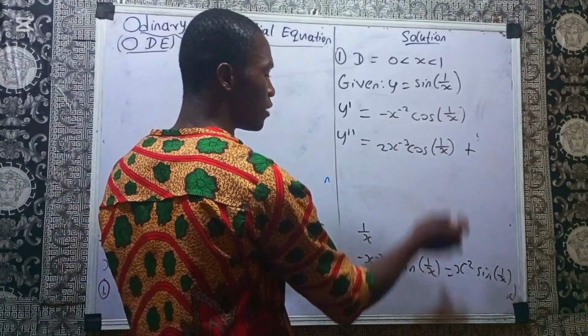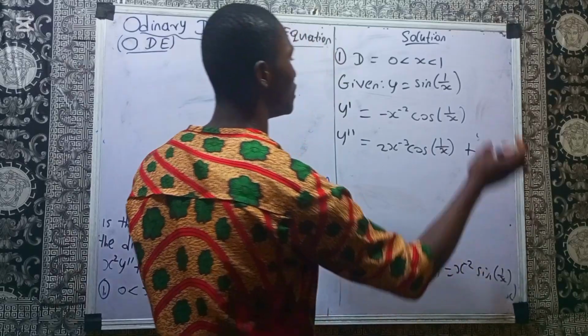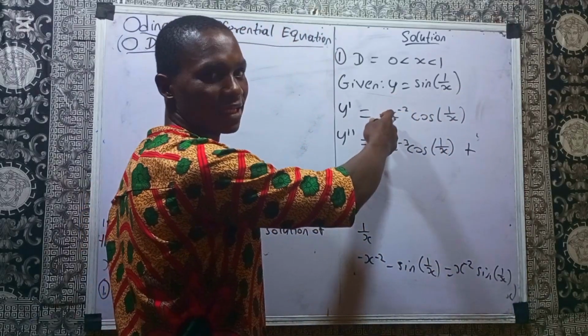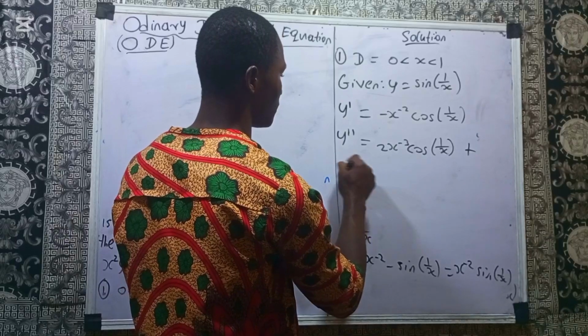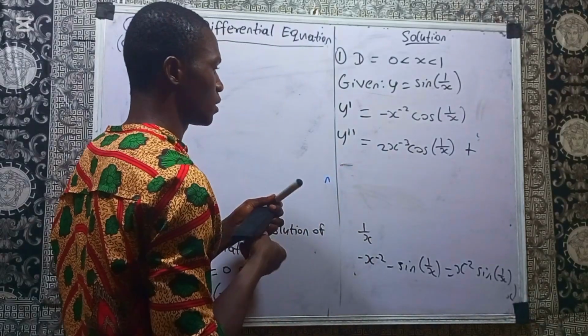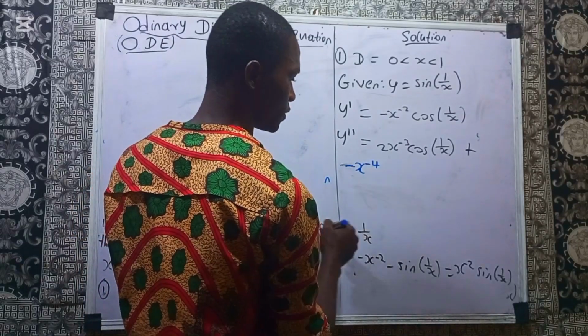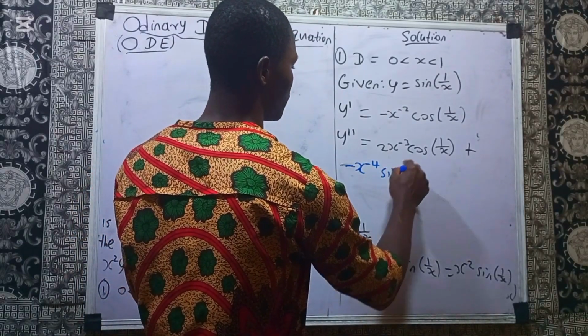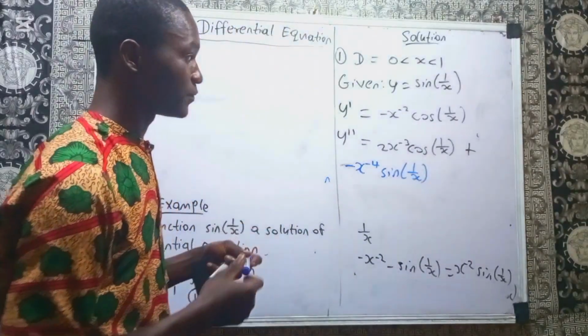Now we differentiate this second one, and it gave us this one. We use it to multiply the first one we are keeping. You now have negative x raised to power negative 4 sine of 1 over x. So that's what you have.